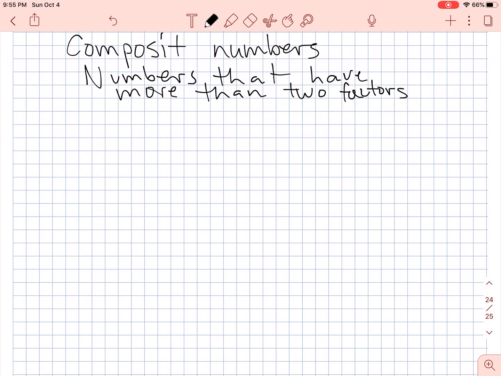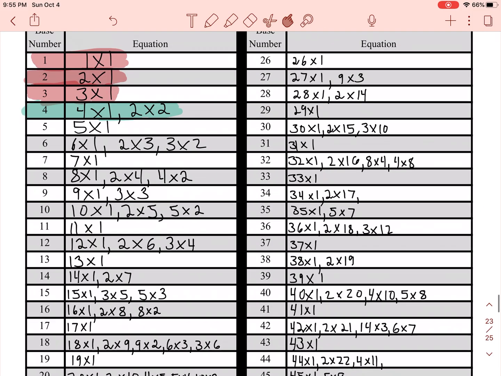So for example, a number like 4, you can make 4 with 1 times 4, or 4 times 1, or 2 times 2. So you see here it has 1 and 4 and 2. It has more than 2 factors.